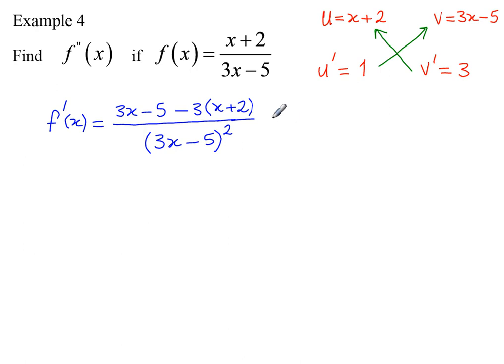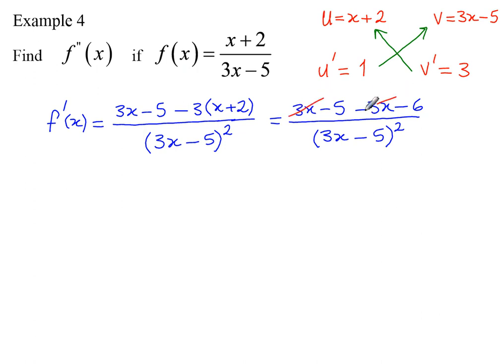Before we differentiate a second time, it's better that we simplify this fraction. So if I expand the bracket in the numerator, so 3x minus 5 minus 3x minus 6 divided by 3x minus 5 all squared.